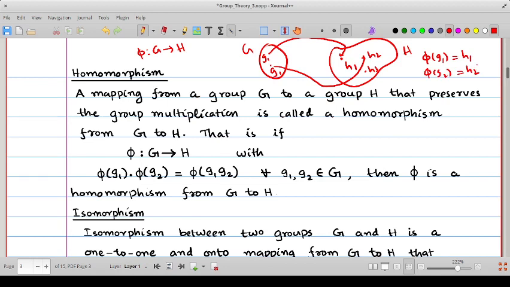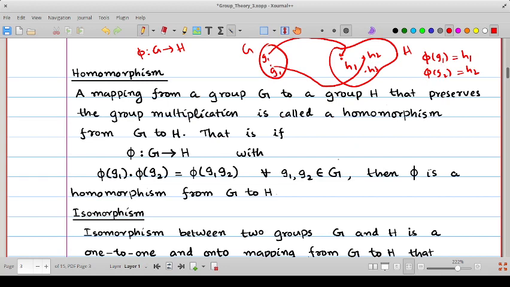It may also happen that H1 is equal to H2. That is, phi G1 is equal to phi G2. That is allowed in this case. Then such a mapping will be called a homomorphism if it preserves the group multiplication.